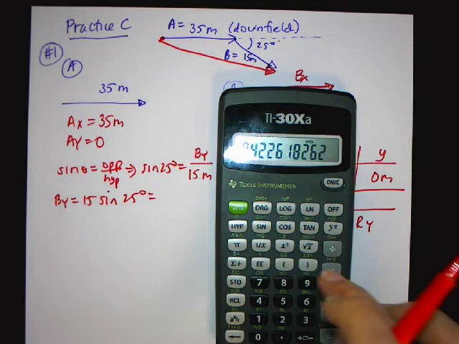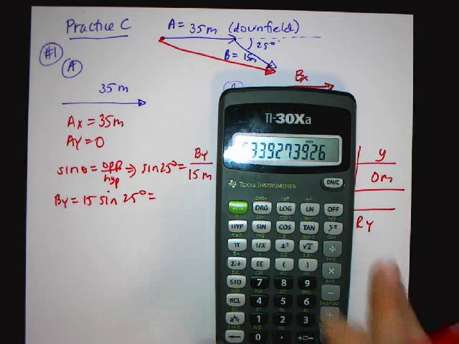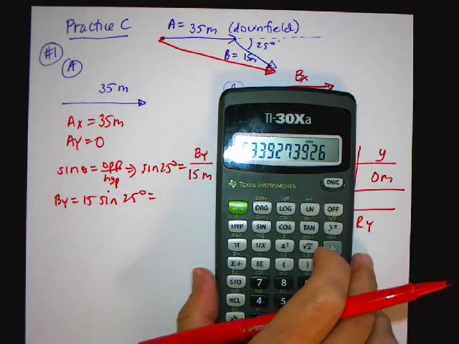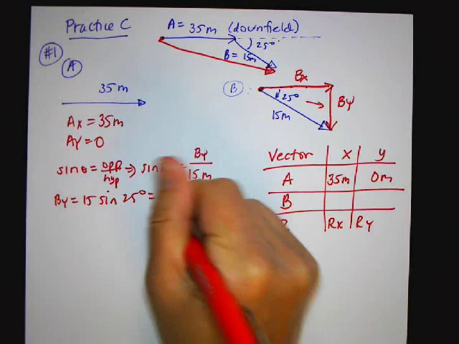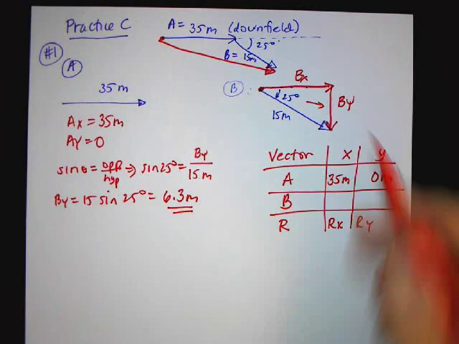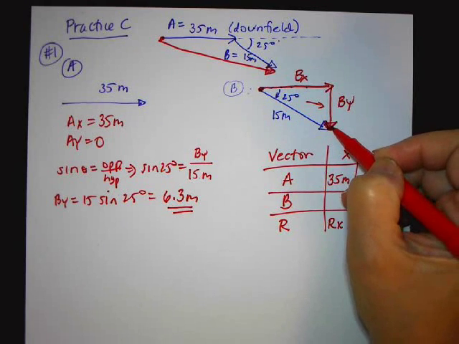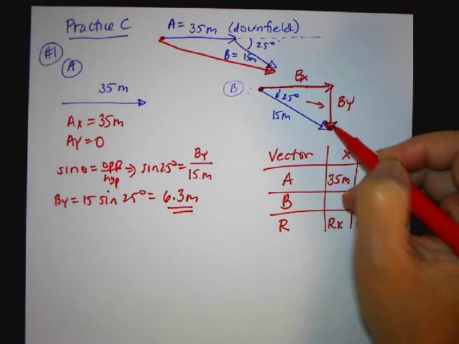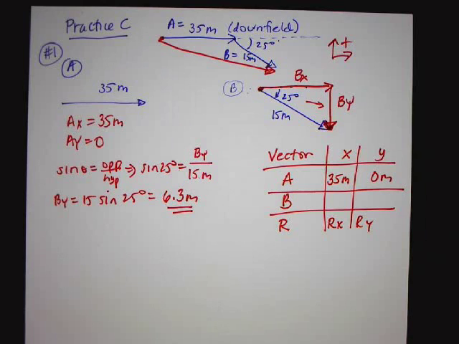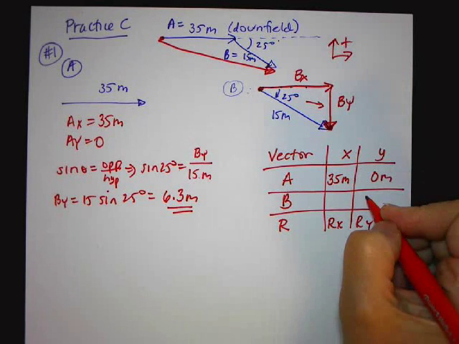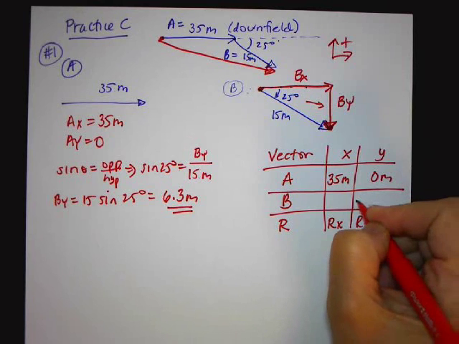Now, here is the important part. Is By pointing up or down? It's pointing down, and I'm still using my standard Cartesian sign convention that up and to the right is positive. So I'm going to write that By is negative 6.3 meters. This is why drawing them head to tail and showing the direction in my picture is so important.